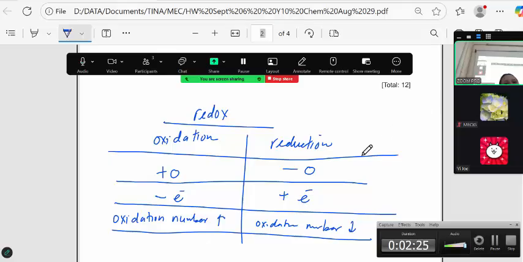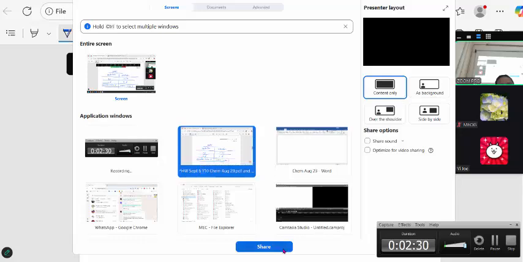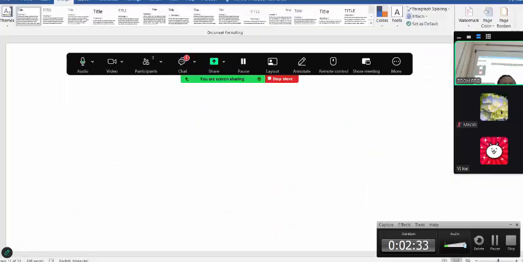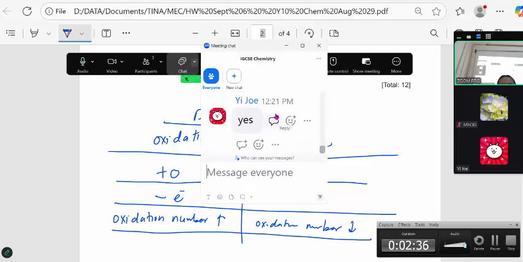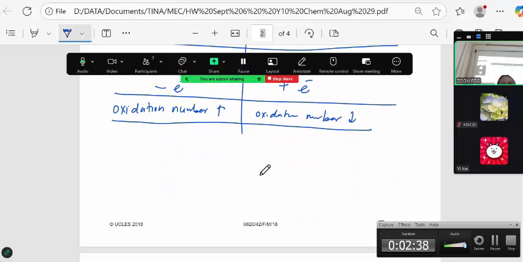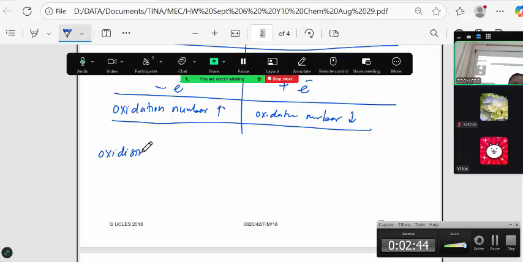Did I already teach you oxidizing agent and reducing agent? Okay, so the most famous oxidizing agent, the one that will change color, is acidified potassium manganate 7.